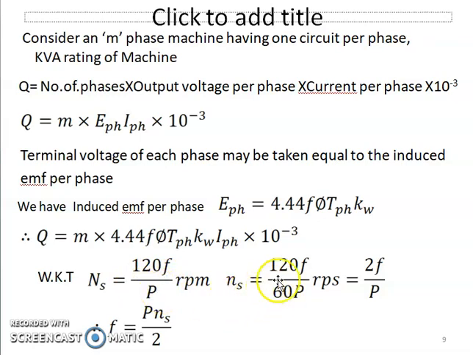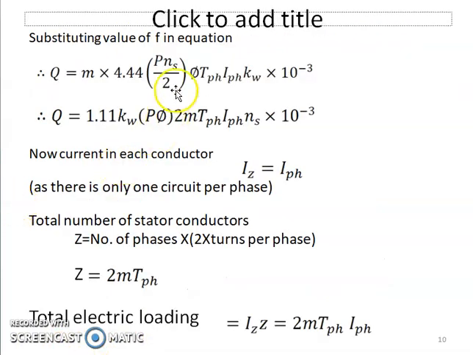So this Ns is 2f by P, and from this, frequency f equal to P Ns divided by 2. So substituting the value of this f in equation Q, then Q equal to m into 4.44. In place of f, we substitute P Ns by 2, then phi Tph Iph Kw into 10 to the power of minus 3.